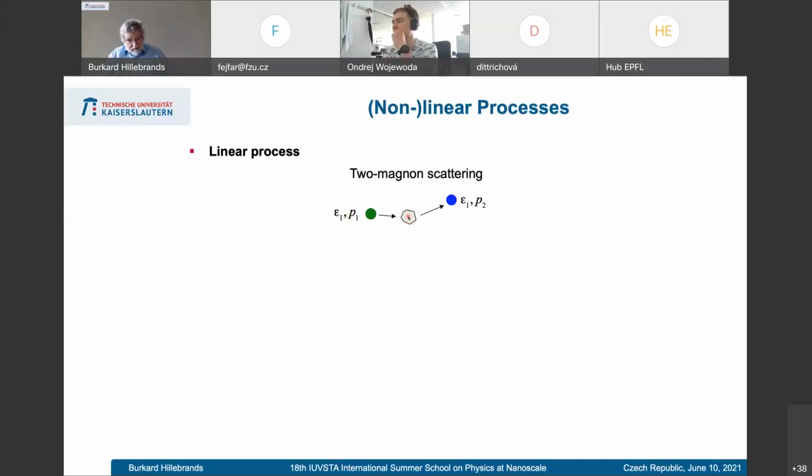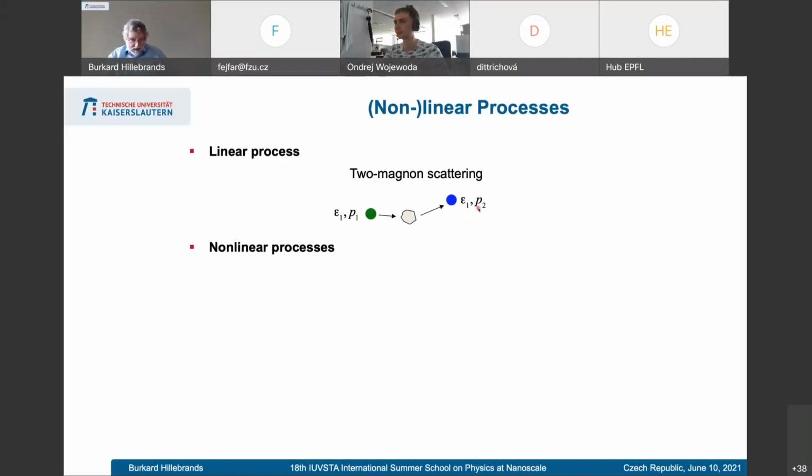They just come here, they can get scattered, and the outcoming magnon still has the same energy because there is no energy transfer, but there could be momentum transfer. So the magnon can scatter into another direction. That is well known, and that is why we have to keep our samples as clean as possible. And that is why we love yttrium iron garnet, because it's single crystalline with a very low defect density. Low defect density means that this process becomes not very pronounced and is suppressed.